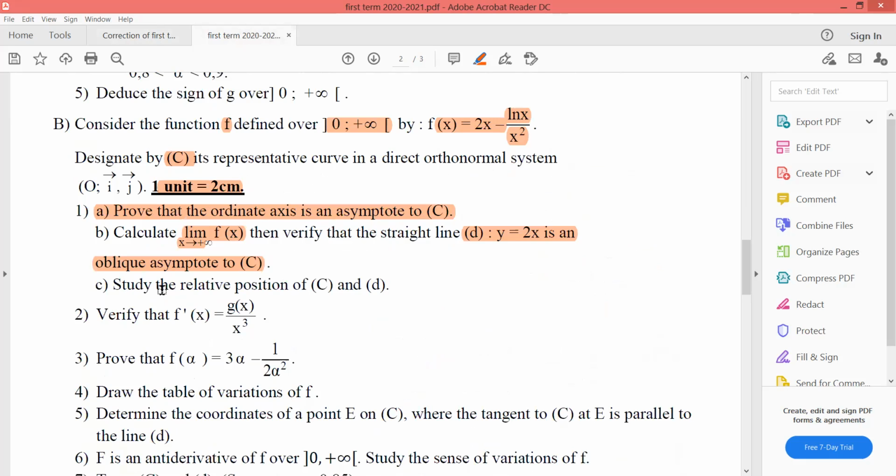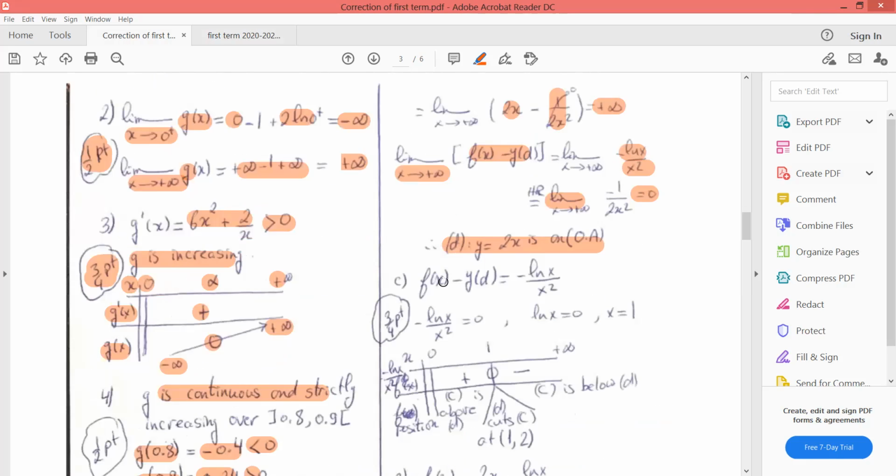Study the relative position of C and D. To study the position between a curve and a line, you have to determine the sign of f(x) minus y_D. f(x) minus y_D equals minus ln x over x squared.